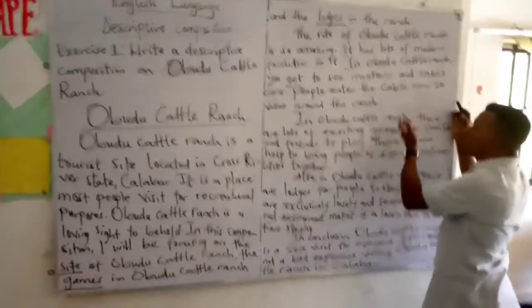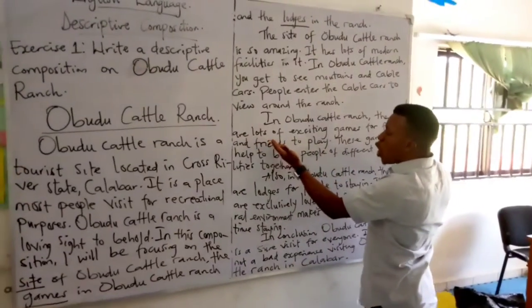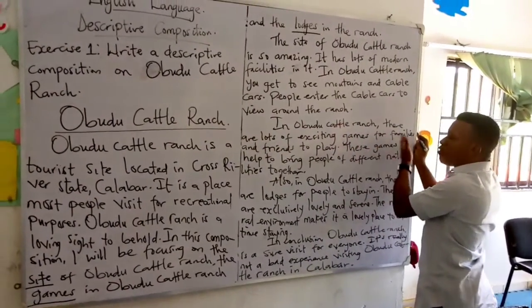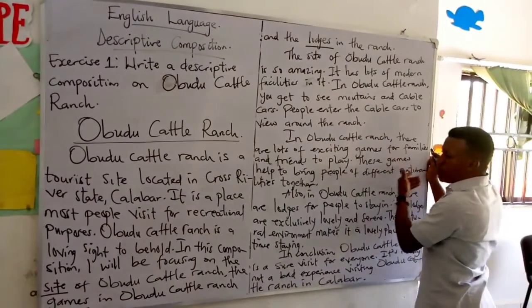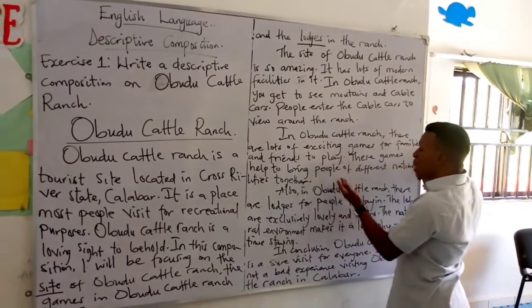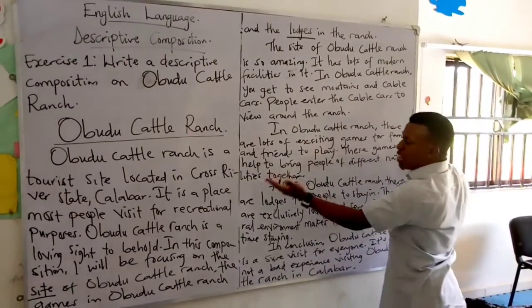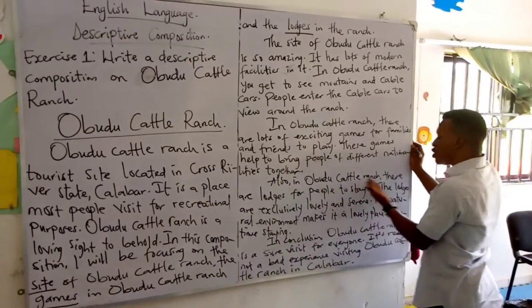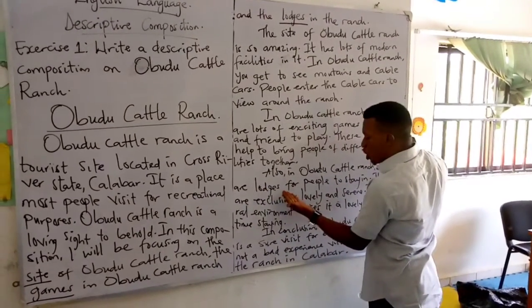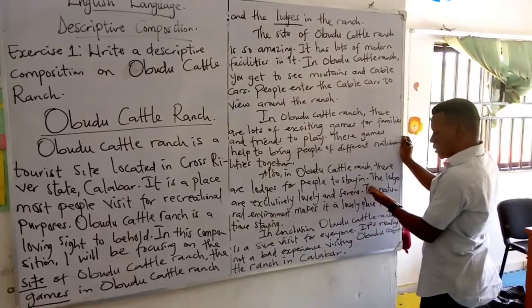In Obudu Cattle Ranch, there are lots of exciting games for families and friends to play. These games help to bring people of different nationalities together. Also, in Obudu Cattle Ranch, there are lodges for people to stay in.